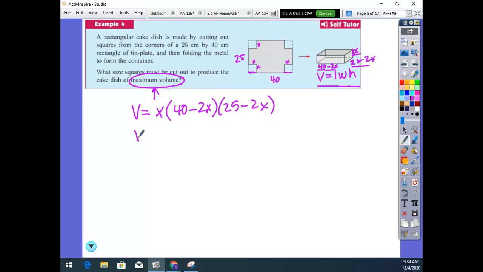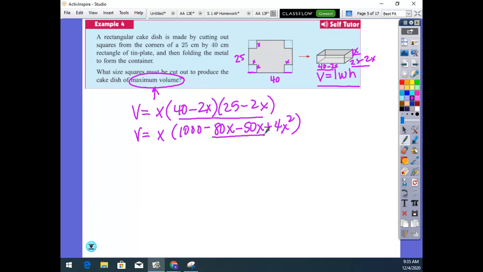And before we take the derivative, we want to simplify this. So I'm going to distribute. I'm going to wait for the x at the very end. So I got 1,000 minus 80 minus 50 plus 4x squared.